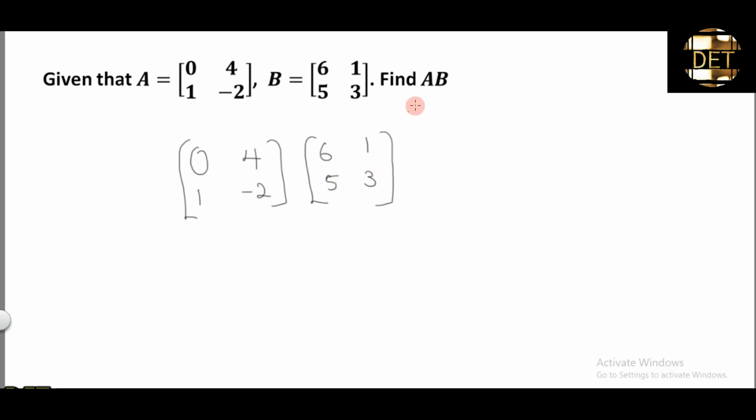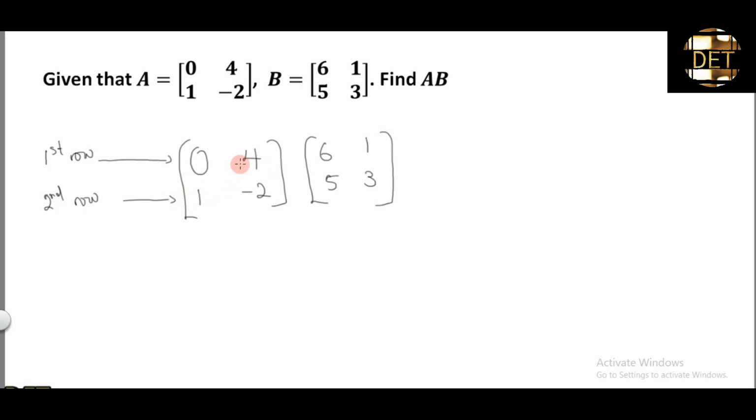This is my second matrix, which is B. In matrix by matrix multiplication, you use the rows of the first matrix to multiply the columns of the second matrix. So this is the first row, and this is the second row.